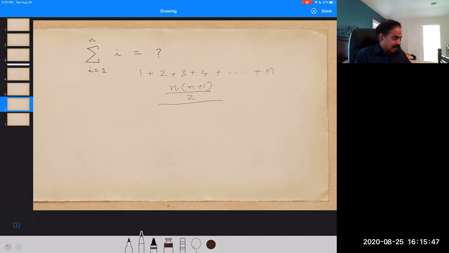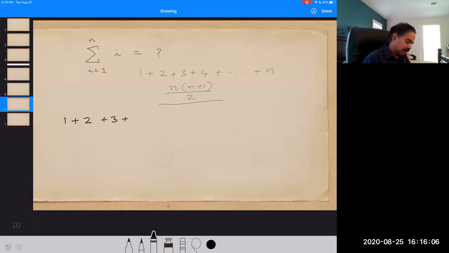But let's try this in a different way. I'm sure some of you have seen this, but perhaps you're too modest to talk about it. So let's pair things up, right? Let's say 1 plus 2 plus 3 plus 4 plus, and then on this side, let's say n.